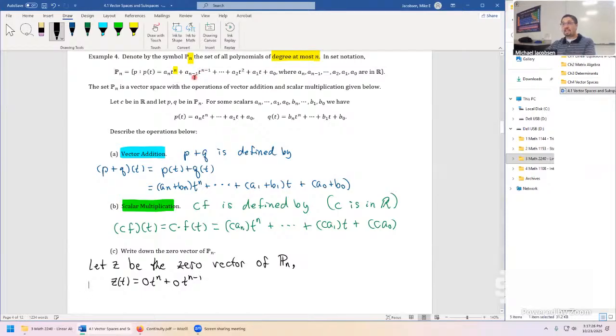I'm just choosing my scalars, my coefficients, to be 0, plus all the way down the line, 0 times t squared, plus 0 times t, plus 0. And sure, that simplifies to 0 altogether. But this is what z of t is for all t in R. Short version is just that z of t is 0.